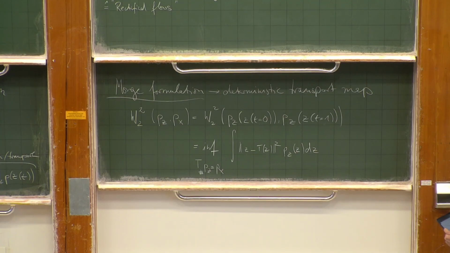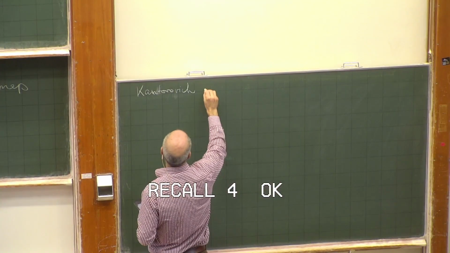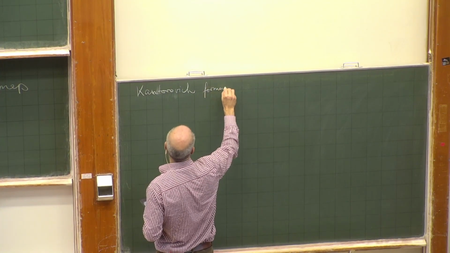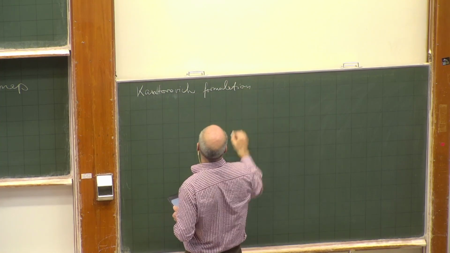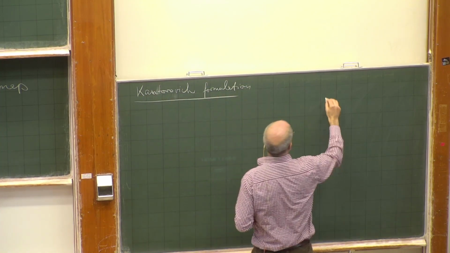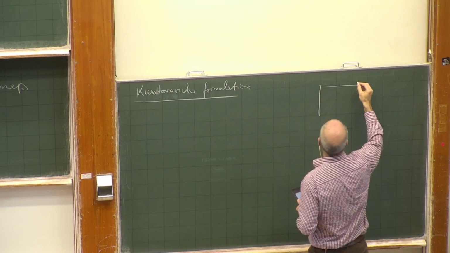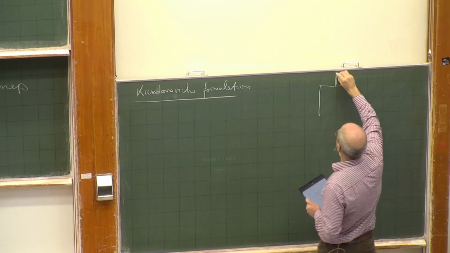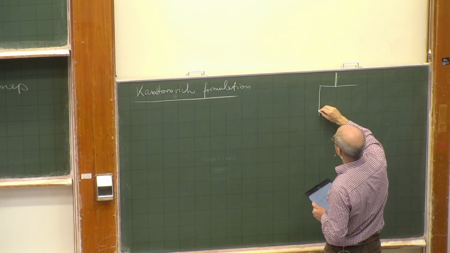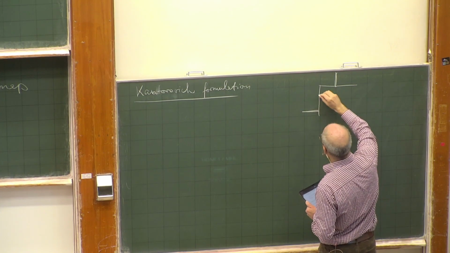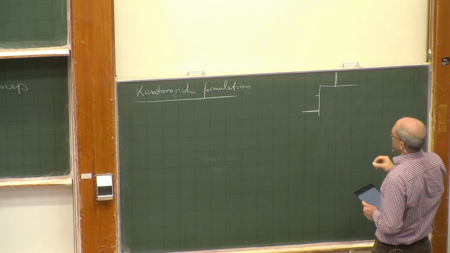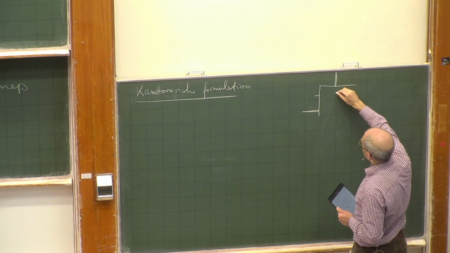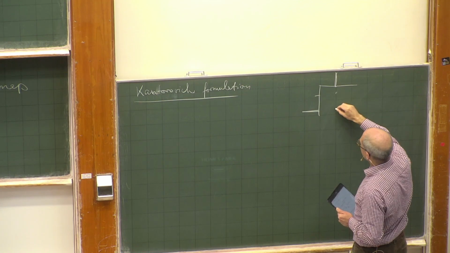But sometimes a deterministic transport map does not exist. And in that case, we need the Kantorovich formulation. And I mentioned an example briefly. If in my base distribution I have just a single piece of probability mass, but if in the target distribution I have 2 peaks of probability mass, then, well, I need to send a little bit here and a little bit there.